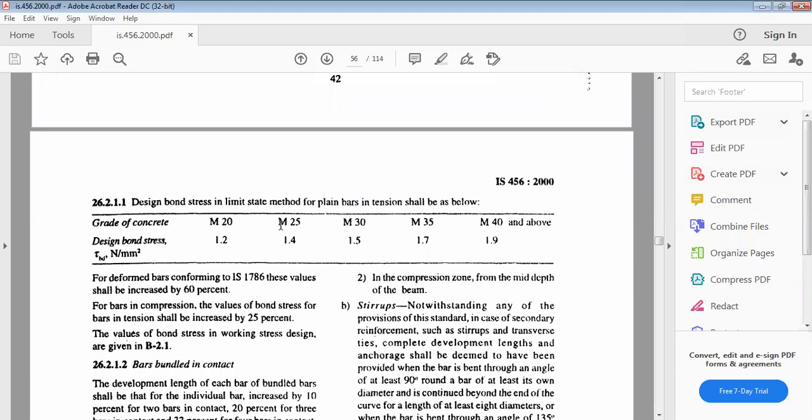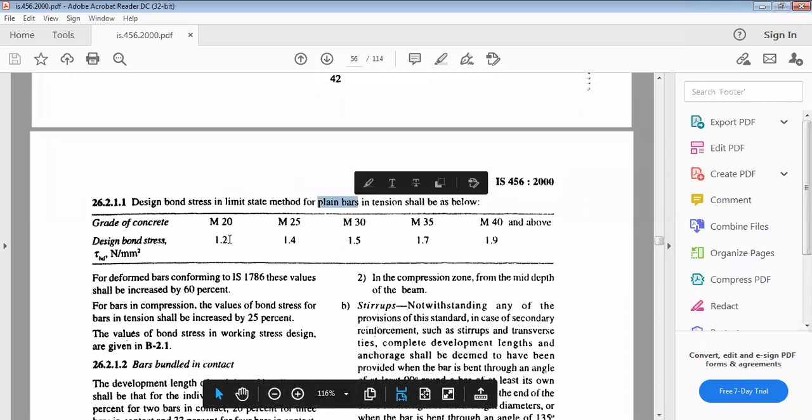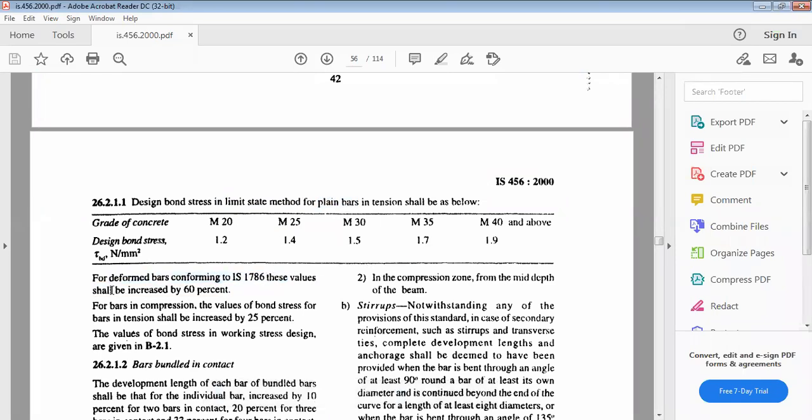Grade of concrete, we have M25 here. The design bond stress tau BD is 1.4, but this is for plain bars. For deformed bars conforming to IS 1786, these values shall be increased by 60%, because we are using deformed bar here, which is Fe 500, not plain bar, which would be Fe 250. So we have to increase this value by 60%.